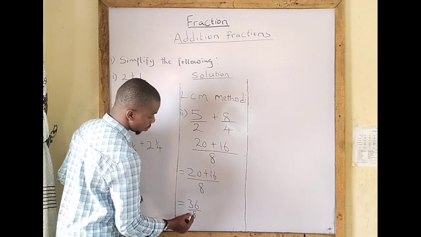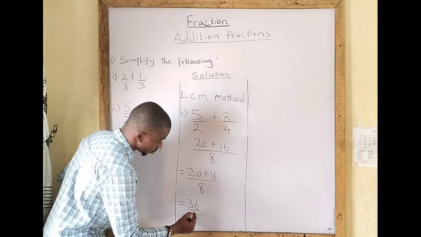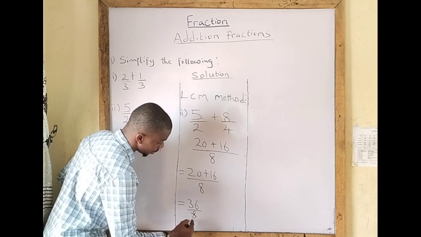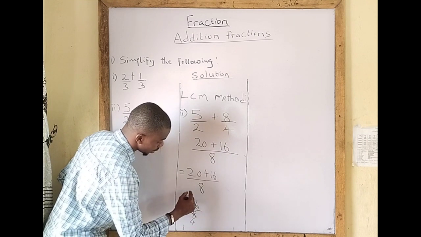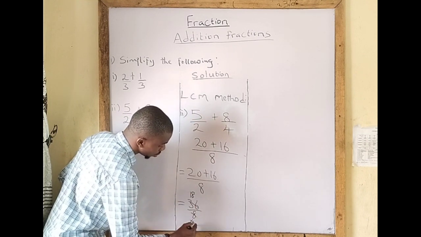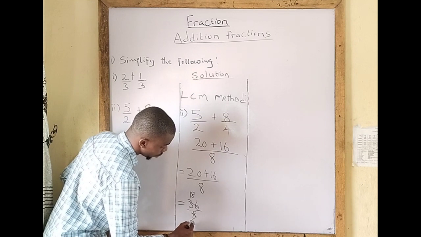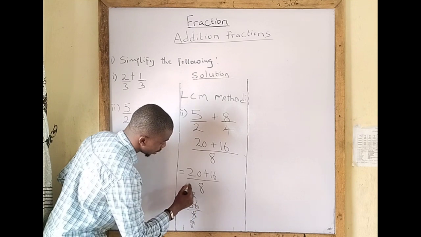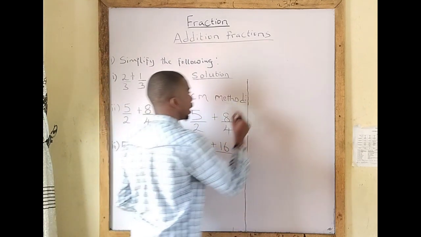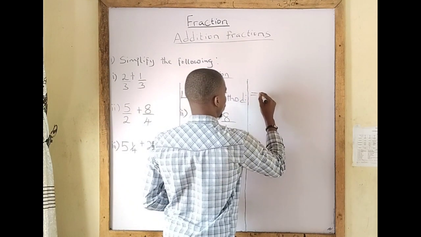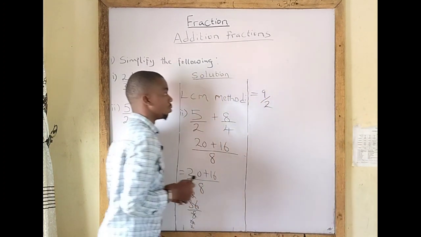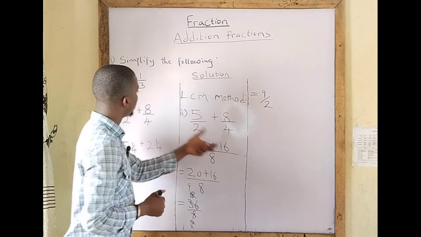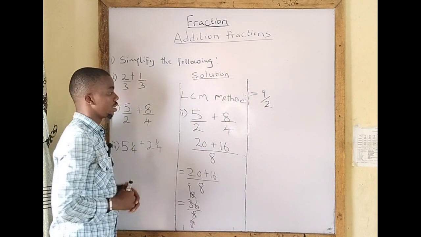So we divide by common factors. 2 goes into 8 4 times, goes into 36 18 times, goes into 4 2 times, goes into 18 9 times. So we have that that is equal to 9 all over 2. This is using the LCM method in solving this.